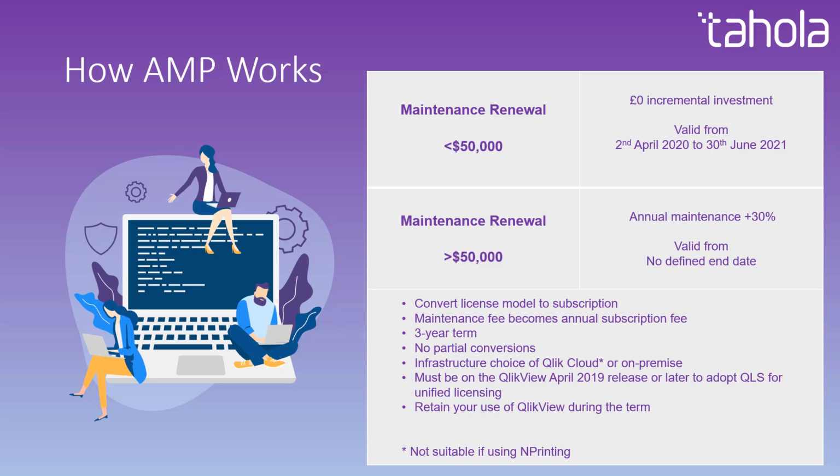You need to be using the April 2019 release or later, and that's because in order to adopt AMP and therefore have QlikView and Qlik Sense within your license estate, you need to be using Qlik's unified licensing and their QLS licensing server environment. So you must make sure you're on the right software. And obviously, as we've said already, you're going to retain QlikView during the term of AMP. So you're going to have both QlikView and Qlik Sense in your license estate.